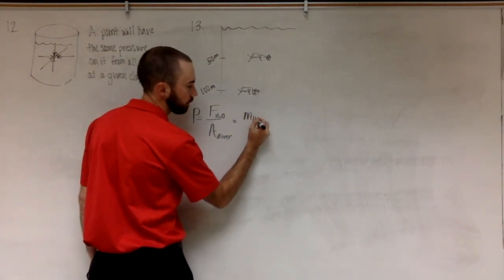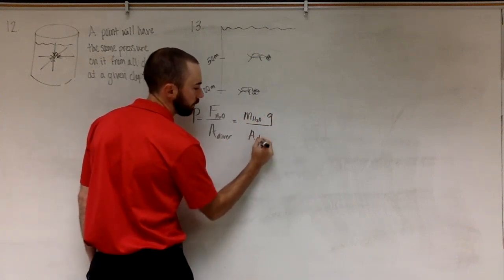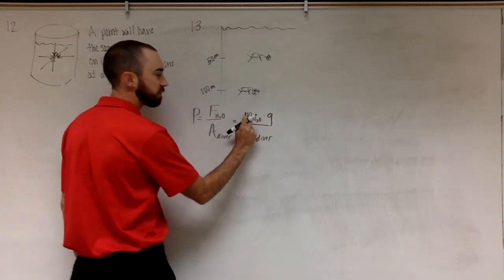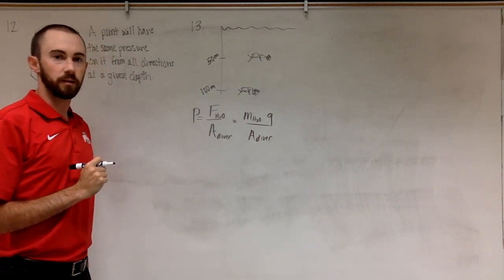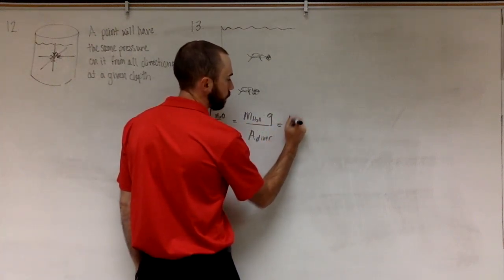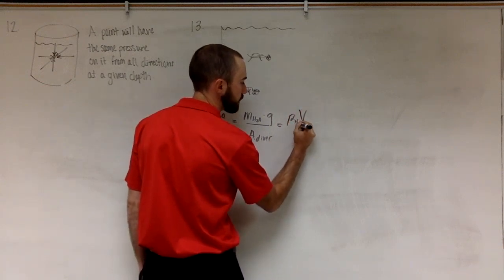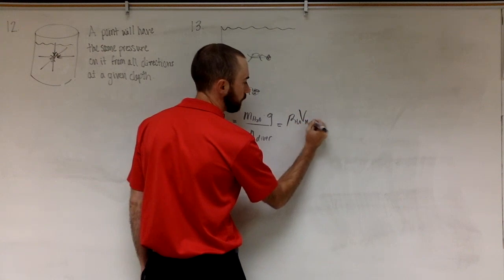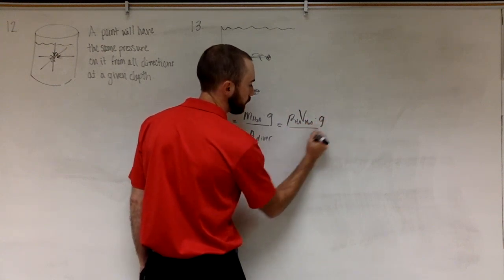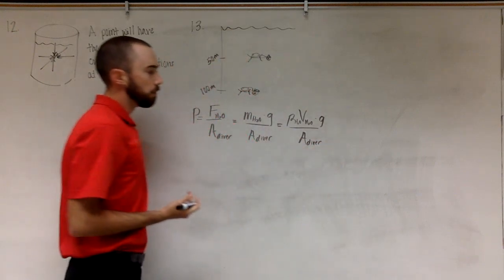So we just get m of our water times the force of gravity, and that's still over the area of our diver. We know with a fluid from our density formula that we had earlier that we have rho times volume. So the density of water times the volume of water times gravity over the area of our diver is going to give us the pressure on him.